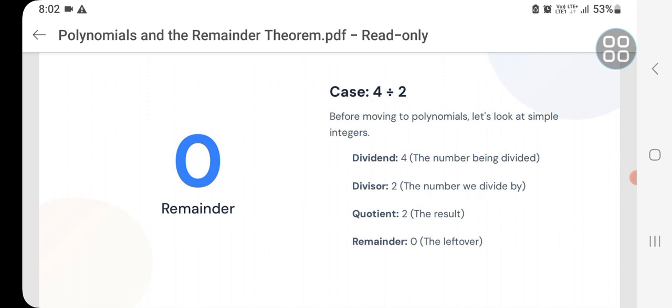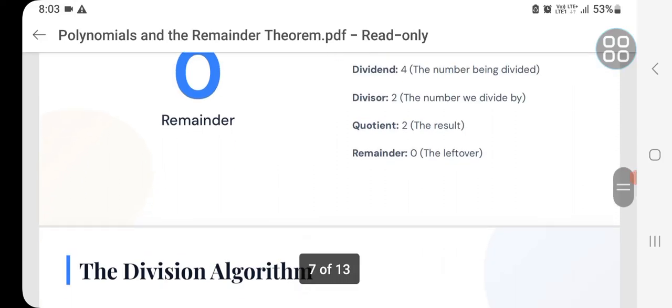For that understanding, I can write here that the dividend is nothing but 4. The divisor will be 2. You have to know the name of everything, so for that purpose I gave it here. So dividend is 4, divisor is 2, quotient is 2, and remainder is 0. Otherwise, you can solve this, you can easily get this. I think you all know this.